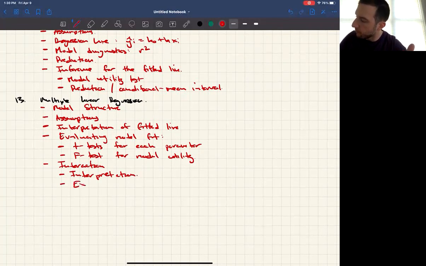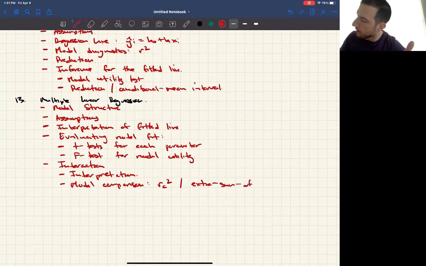Okay, so that we discussed model comparison. And we talked about how this could be done through values like the adjusted R squared or the extra sum of squares F test.